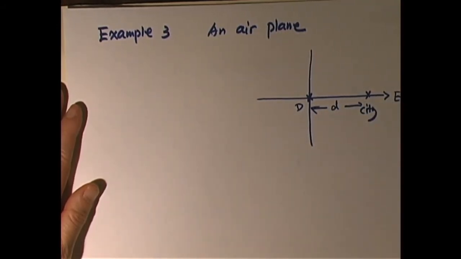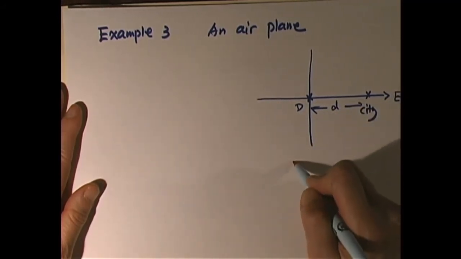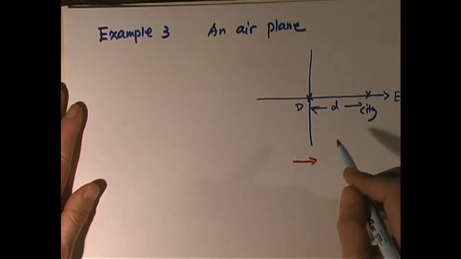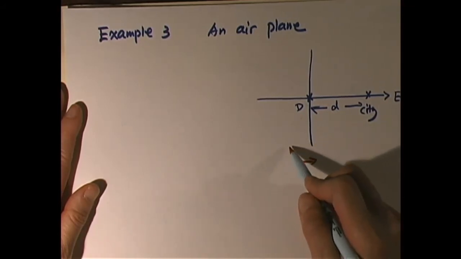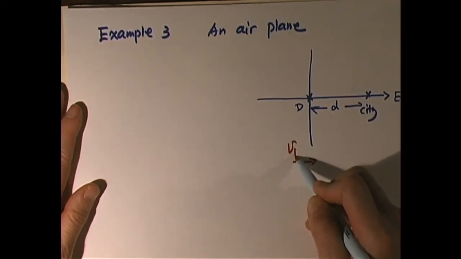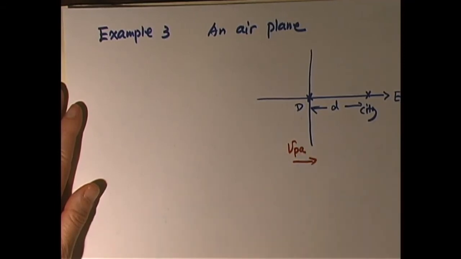So if there's no wind, it is very obvious that we should fly our airplane this way. When we get in an airplane, the maximum speed again is V plane to the air. Assume the air does not move. The airplane flies with respect to still air.